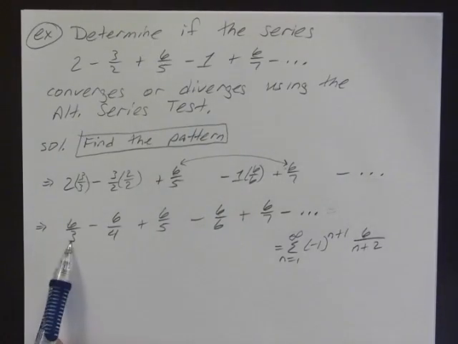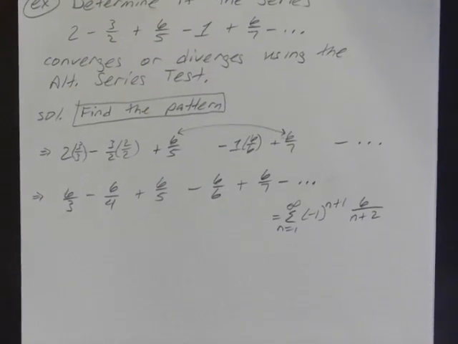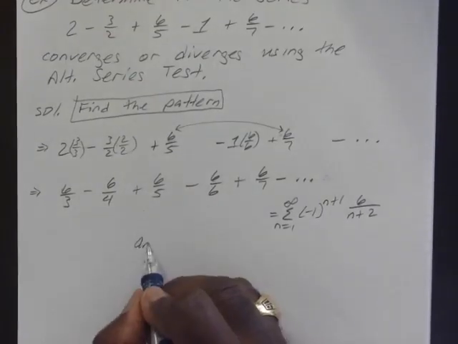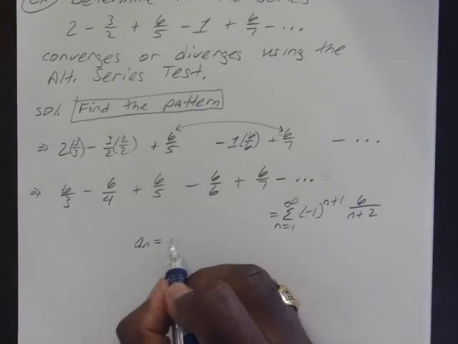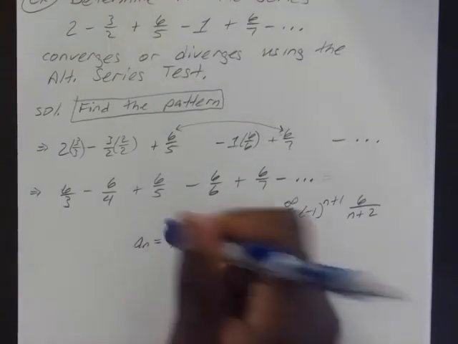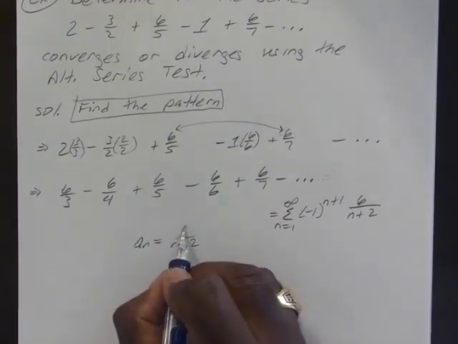Because remember, our very first term has a denominator of 3. So we can see just right there that our a sub n is equal to 6 divided by n plus 2. And clean up that 6 a little bit. Here we go.